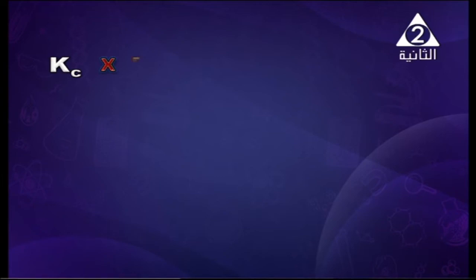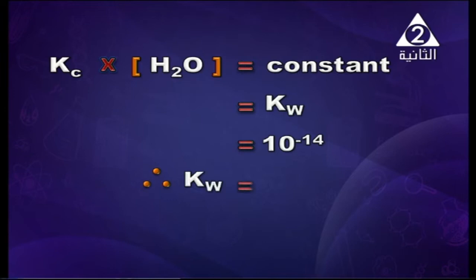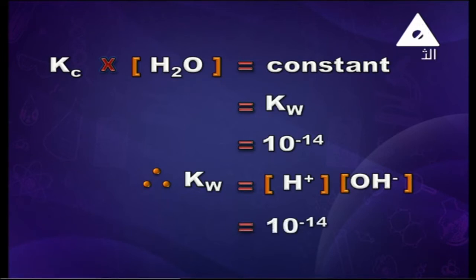So Kc times the concentration of water equals a constant value, Kw, which equals 10 to the power negative 14. Therefore Kw equals concentration of hydrogen ion times concentration of hydroxide ion, which equals 10 to the power negative 14.